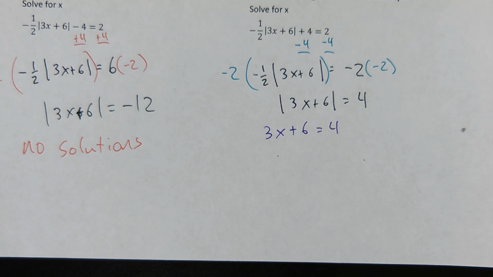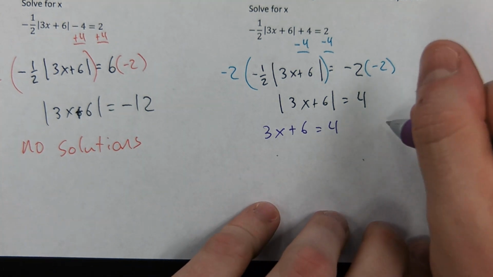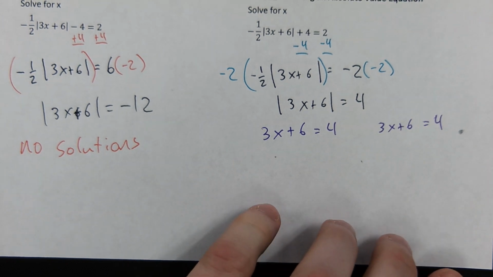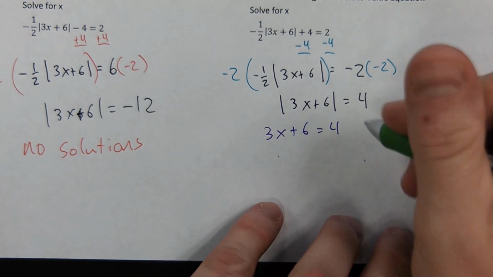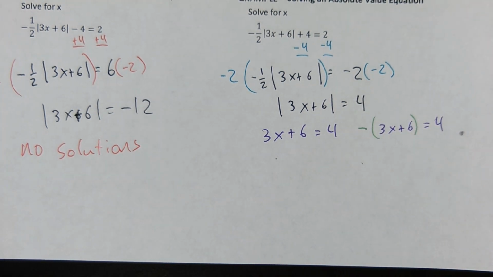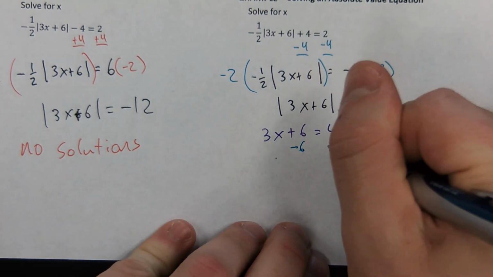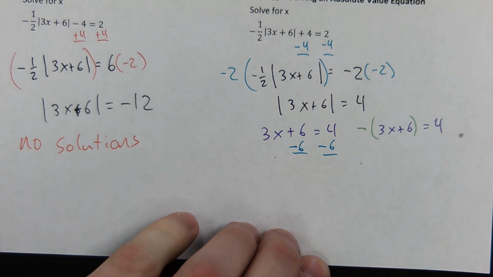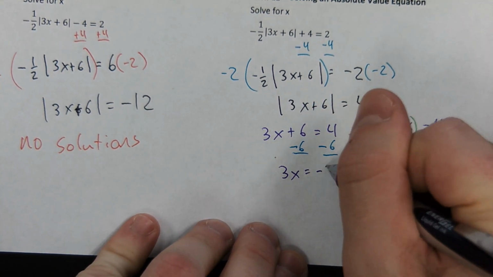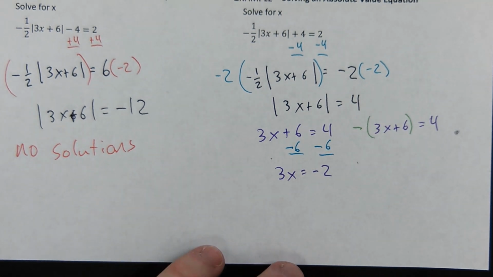Worst case scenario is, ooh, that number on the inside was negative, and the absolute value bars would have hidden that from us. But we're going to solve for x in both cases. Subtract 6 from both sides. And then divide by 3.